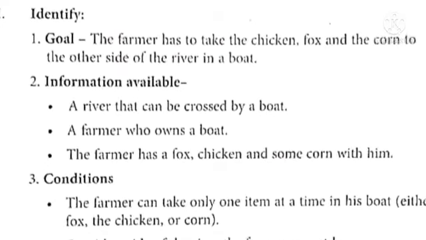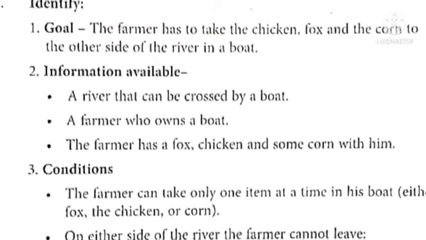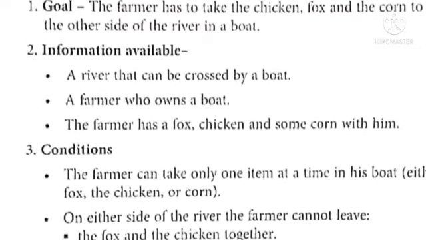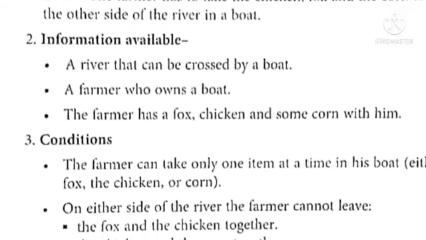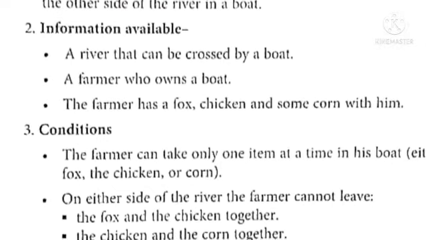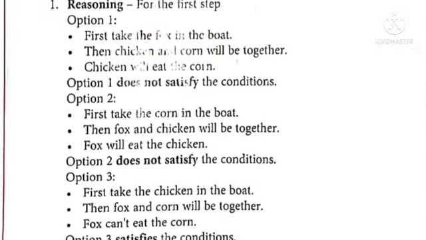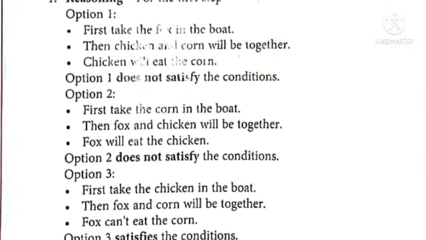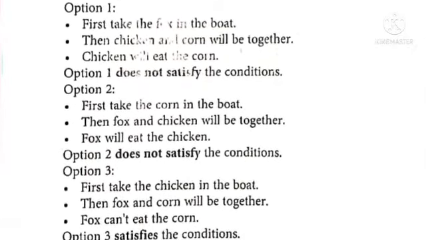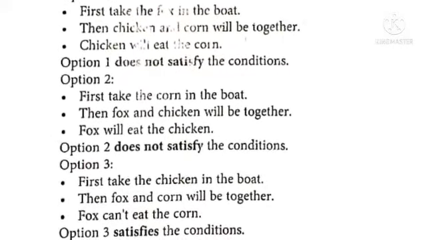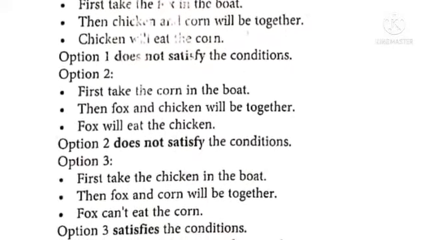Now, the third step is to identify the conditions. The condition is the farmer can take only one item at a time in his boat. On either side of the river, the farmer cannot leave the fox and the chicken together, and the chicken and the corn together. It's time to solve it by applying our logic, but also keep in mind the conditions or the rules which are to be followed.